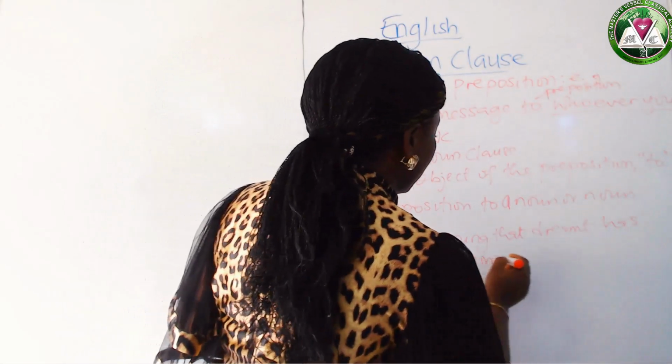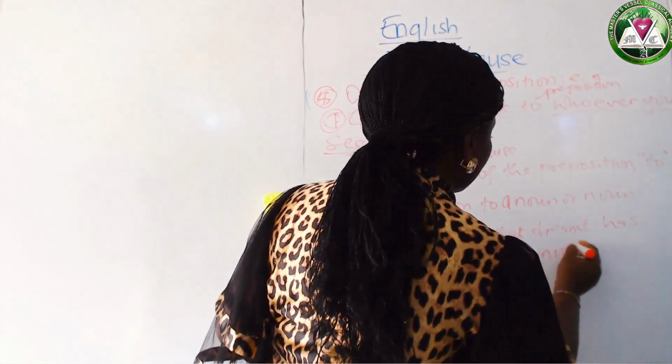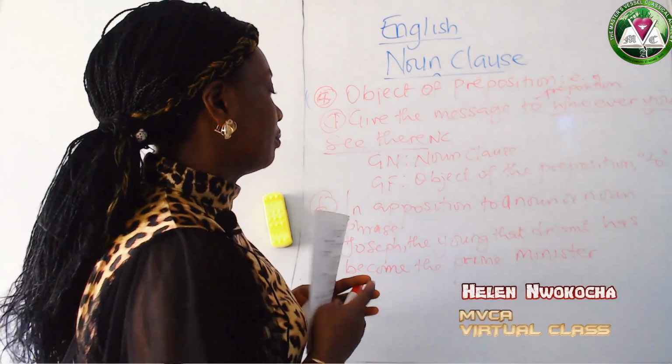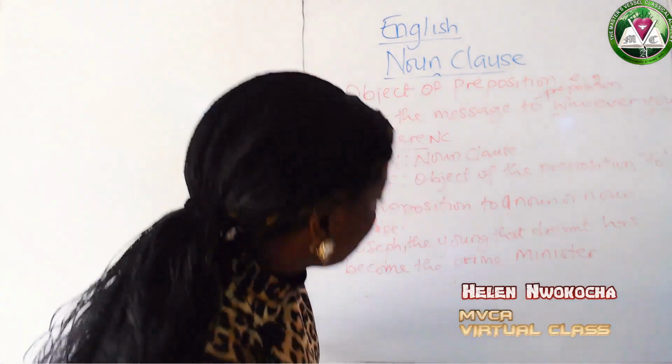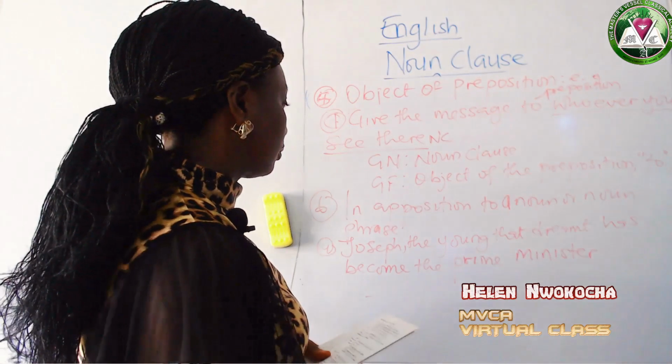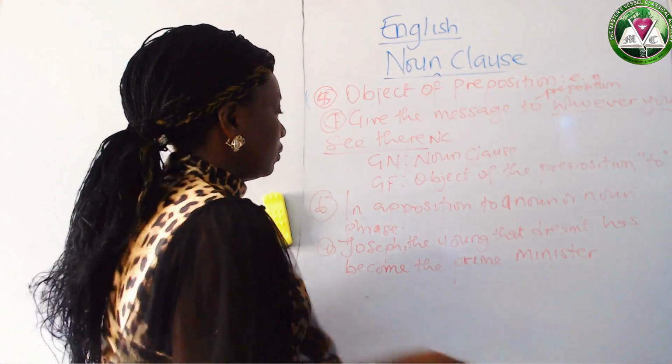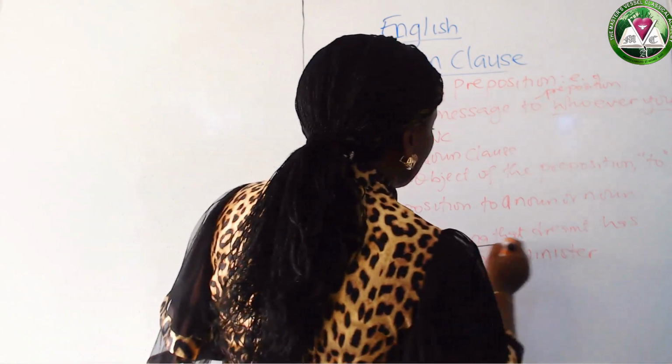Joseph, the young man that dreamt, has become the prime minister. So we have the noun clause as the young man that dreamt.